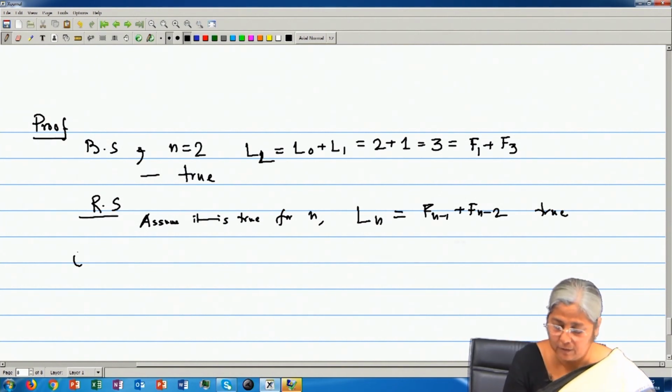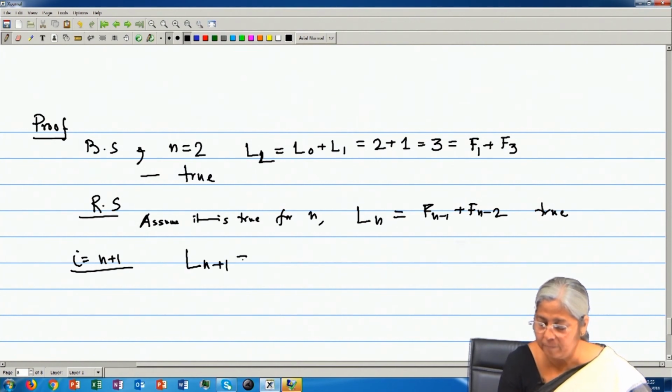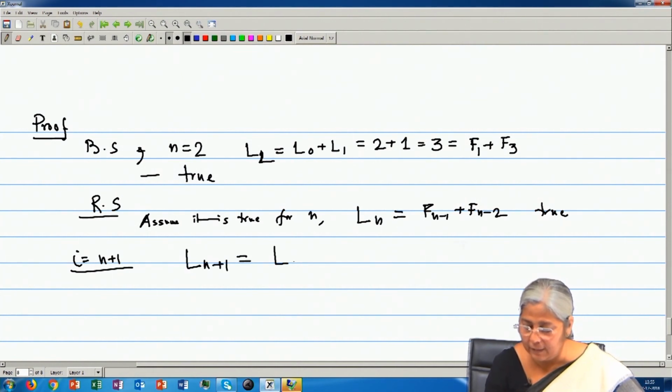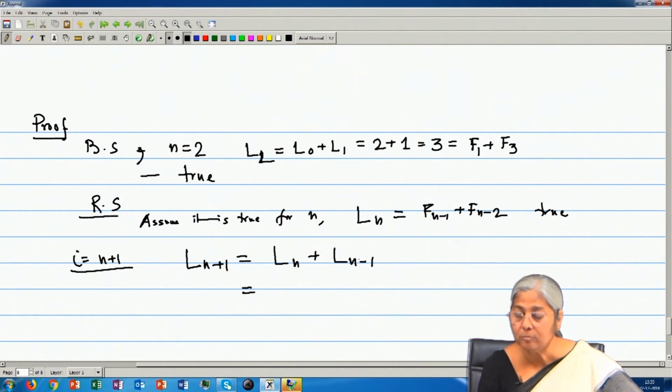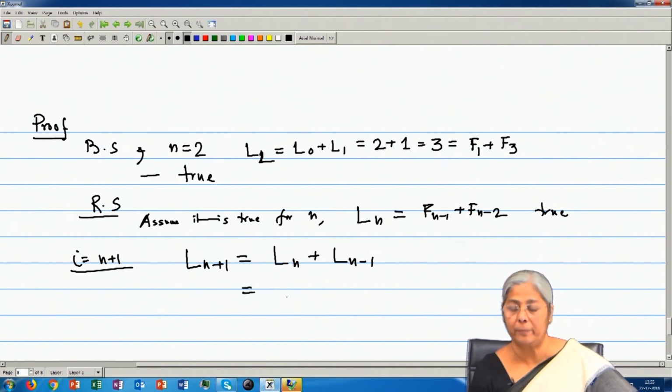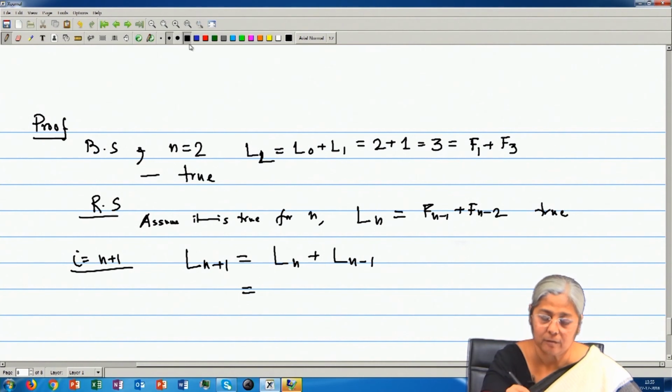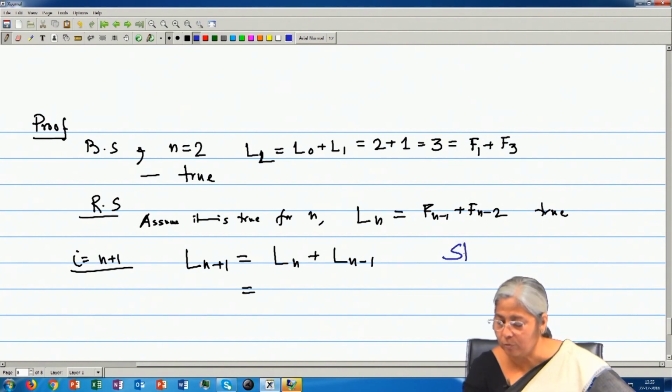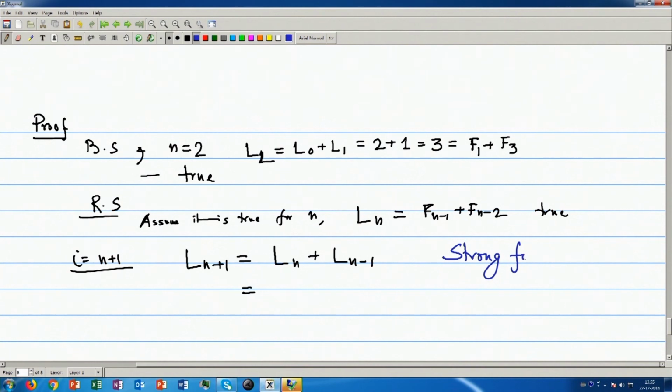So, for n plus 1, what I can show, L n plus 1 is L n plus L n minus 1. Now, I can apply the strong form of mathematical induction, so that for both L n and L n minus 1 we can apply the conjecture.